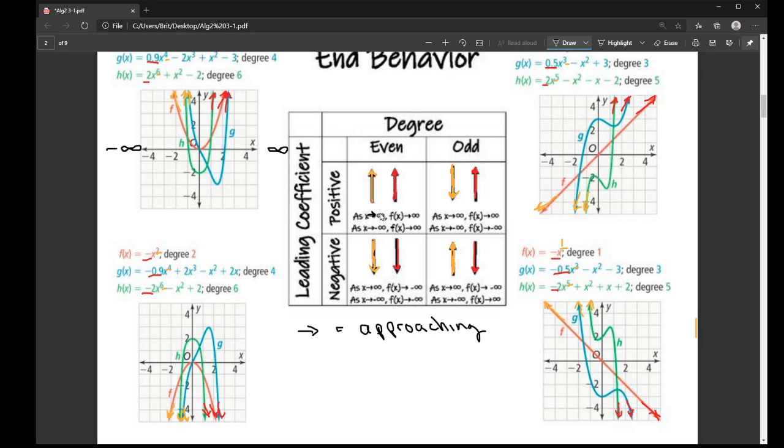Alright, so as x is approaching infinity, f of x, which is the y-axis, it's going to be asking whether it's going towards positive infinity or negative infinity, okay? So on the y-axis, negative infinity is down here, and positive infinity is up here. So this statement says, as x approaches infinity, f of x, so the y value, is approaching infinity. And you can see that as I come to the right on the graph, these lines are going up.